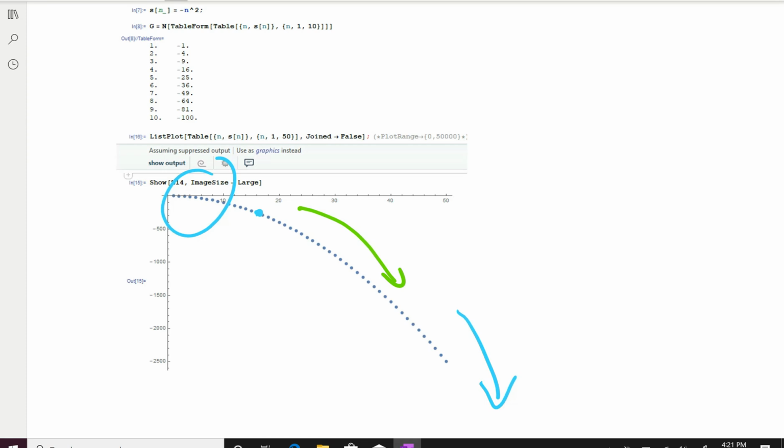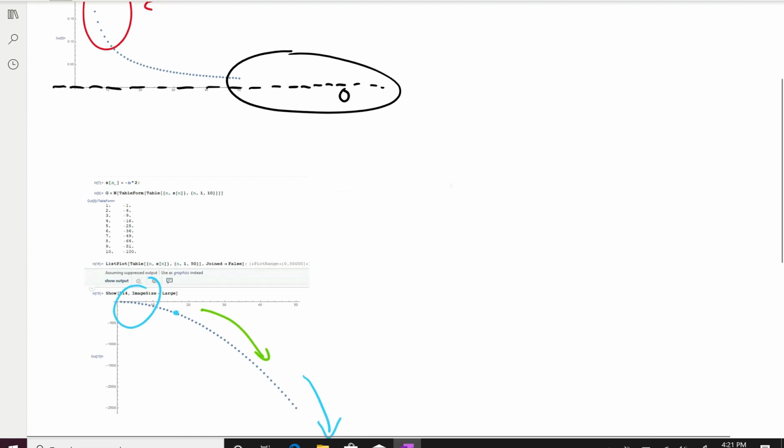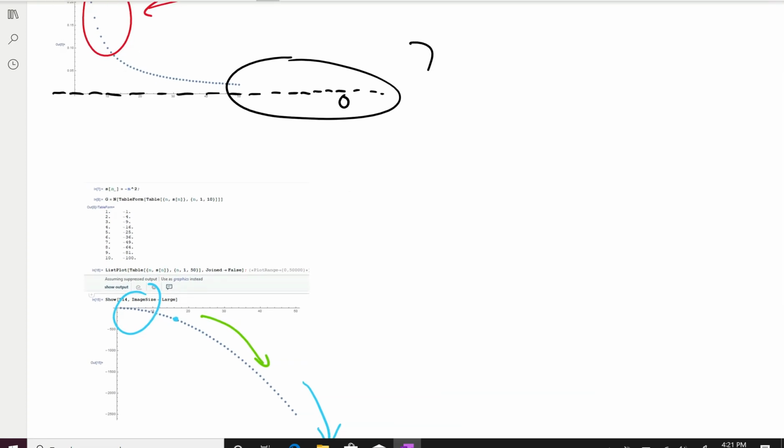So this particle doesn't get attracted, doesn't get close to a real number. There's nothing real, right? So in this case, this sequence doesn't approach a real number, so we say this sequence is divergent.